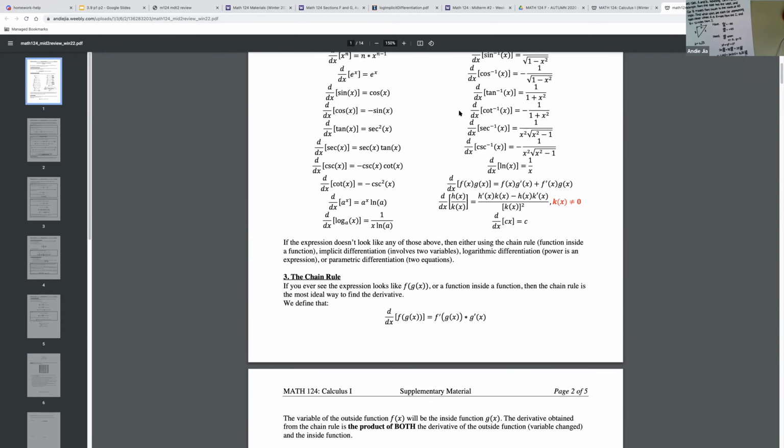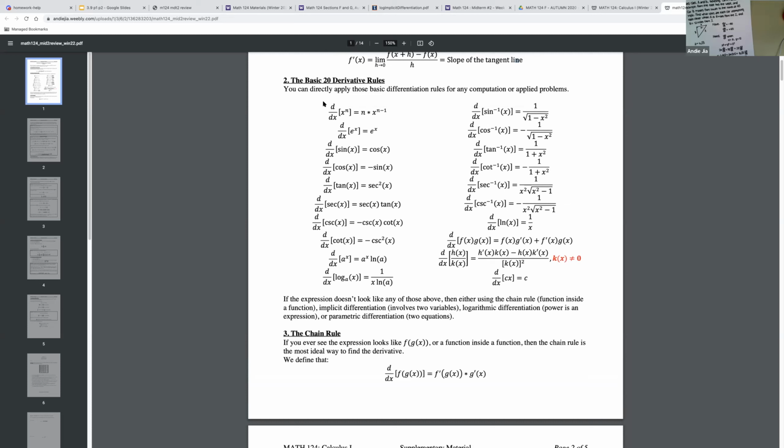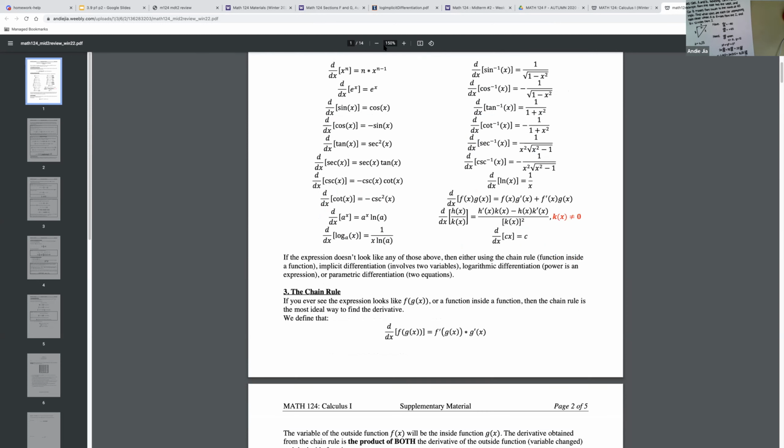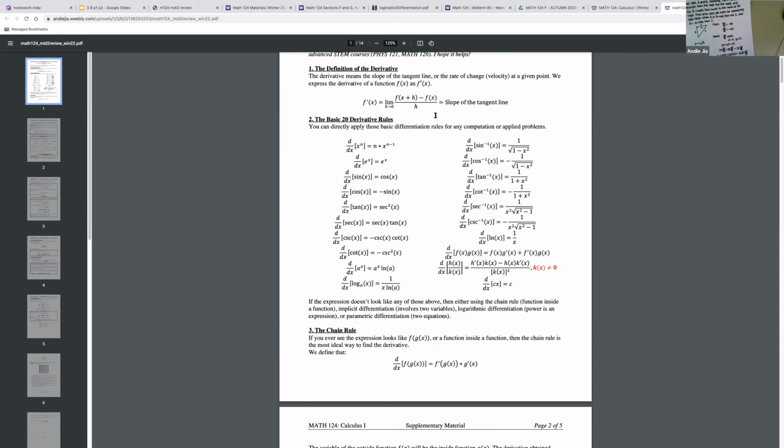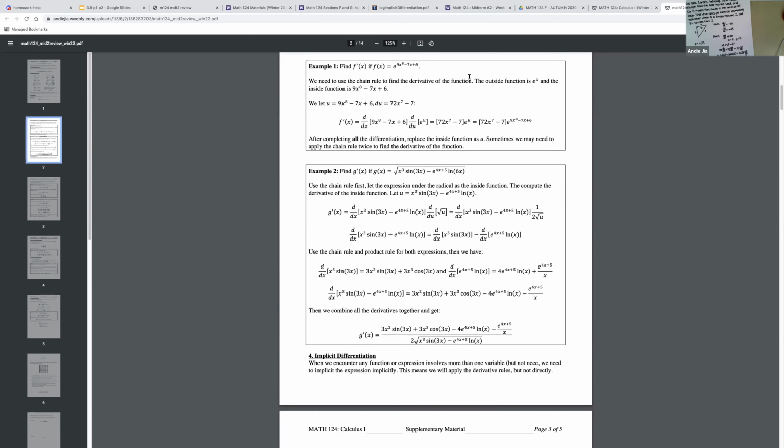And these are all derivative rules. Just be ready for any cases. I went over a lot of examples here.